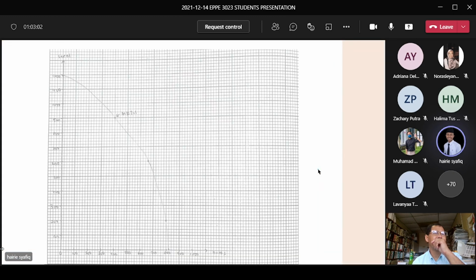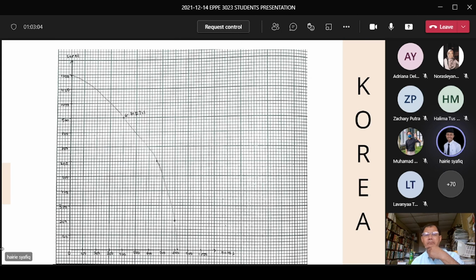For the next country, Korea, when the MRT is equal to 1, the quantity of steel is 900 and the autos is 400. Correct.